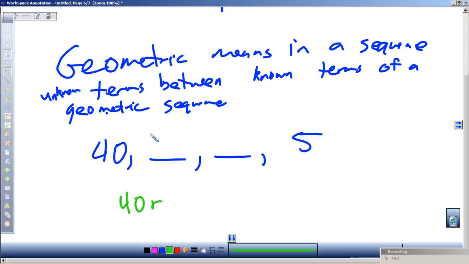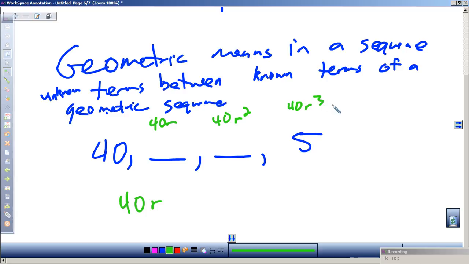So this one we know is 40r. What's the next one? 40r times r, which is 40r squared. You see it? And then this one would be 40r cubed.